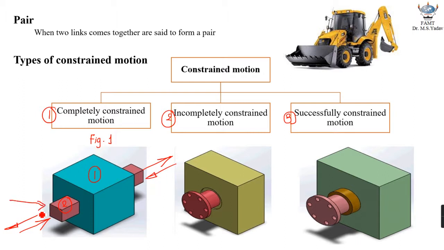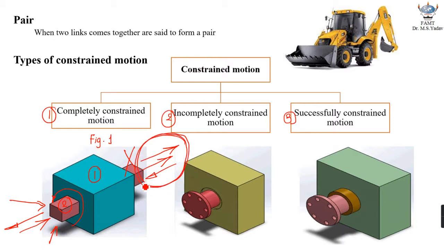Even if I try to apply inclined forces to link number 2 like this one, I'll notice a similar type of output motion, and if I try to twist it, it will not allow that twisting. What you understand from this practical example is that motion between links forming a pair is limited to a definite direction.